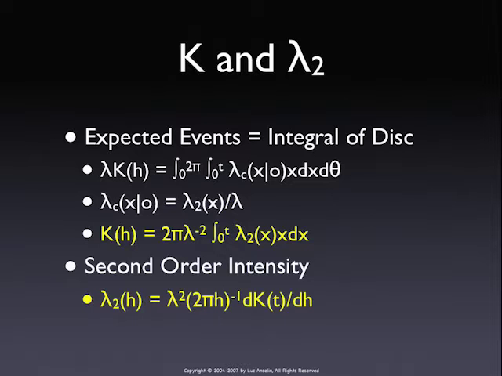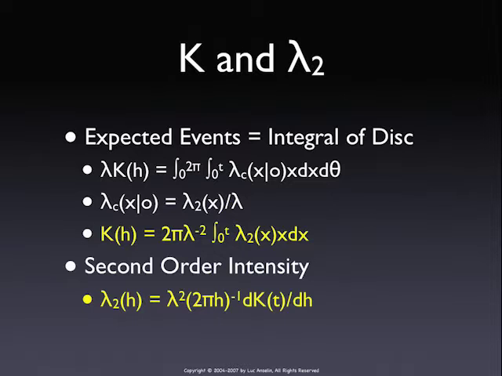So given that intensity, if you integrate this out over all possible circles of all possible radii, then you in fact get the expected number of events within radius h from any arbitrary event.